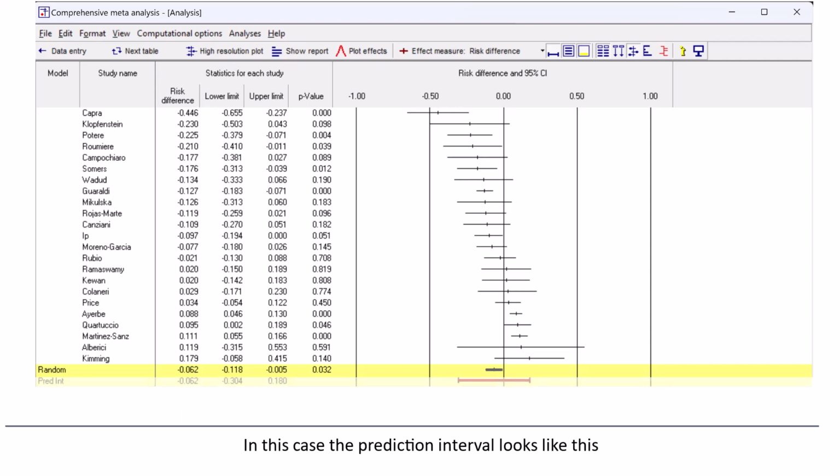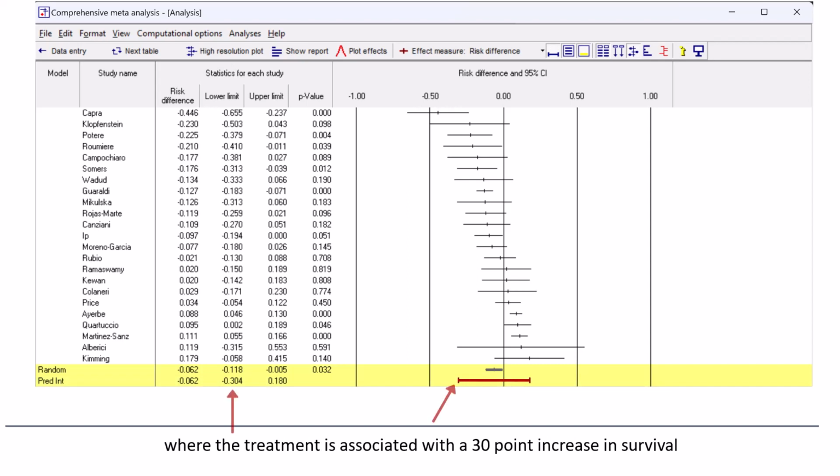In this case, the prediction interval looks like this. At one extreme, there will be some populations where the treatment is associated with a 30-point increase in survival. But at the other extreme, there will also be some populations where the treatment is associated with an 18-point increase in mortality.